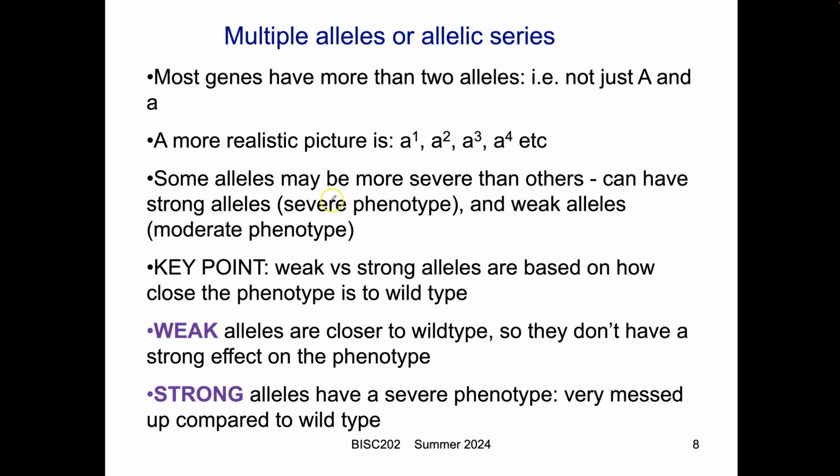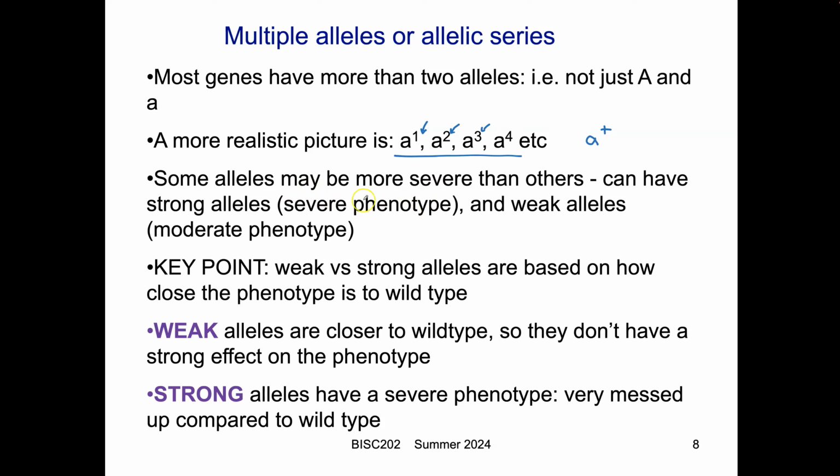But a more realistic picture is a number of different alleles known of a particular gene, and we often superscript them. So we will often have small a with a plus, that's your wild type allele. And then we often have superscripted either numbers or sometimes letters. You'll see an example coming up of a case where the letters indicate something about the phenotype of those alleles.